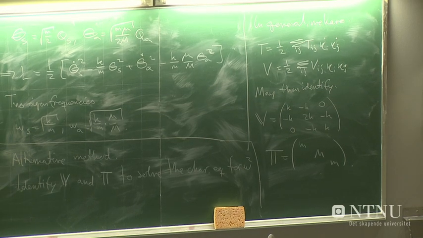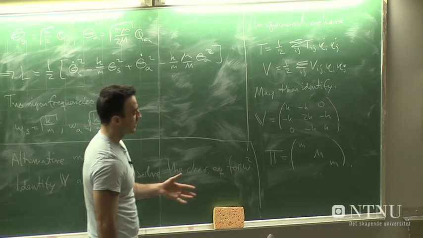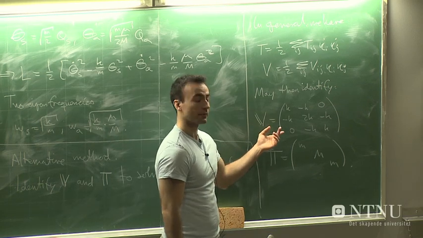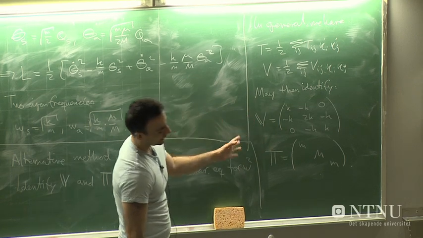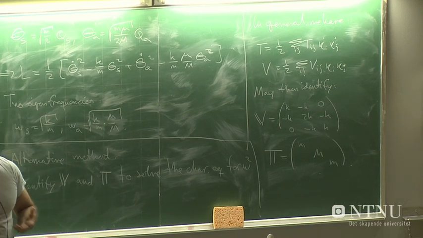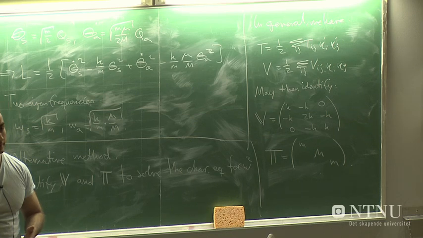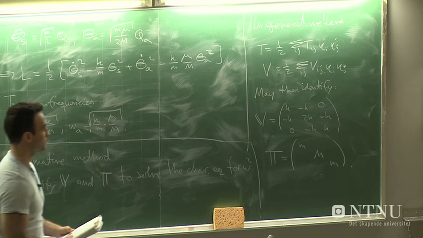The kinetic energy matrix is still diagonal. There's no coupling between the generalized coordinates, but the interactions between them are now no longer diagonal. So the fact that V is not a diagonal matrix tells us right away that the normal coordinates are different from these original generalized coordinates.